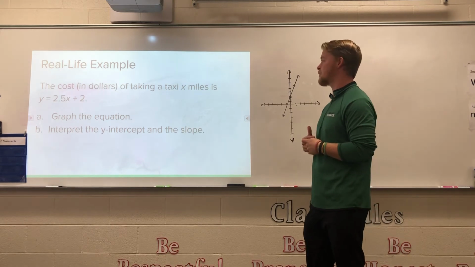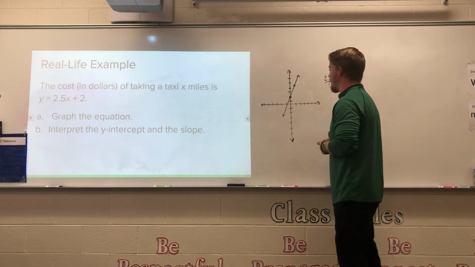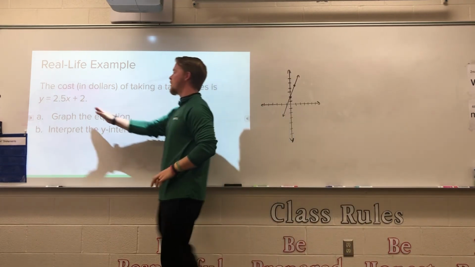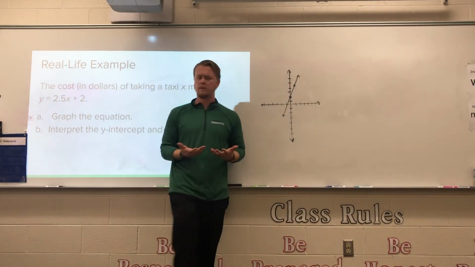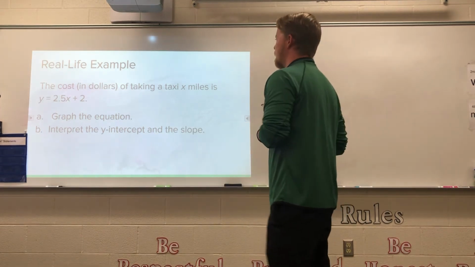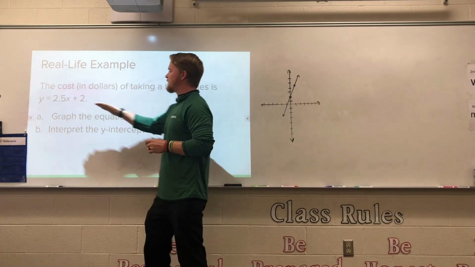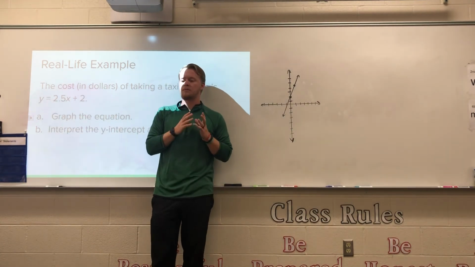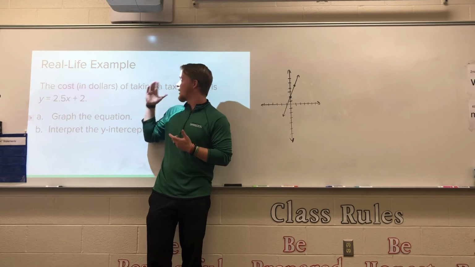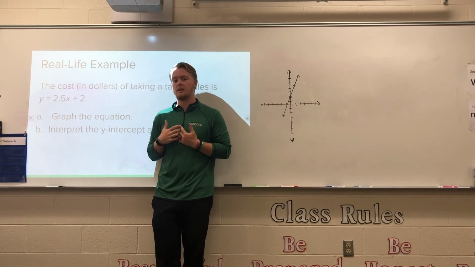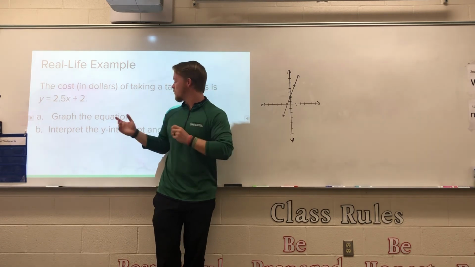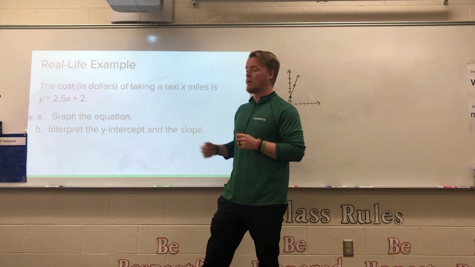So if you're multiplying the miles you're taking by a number, what do you think that would mean? Again, take a second and try to think deeply about what that would mean. But what that means is 2.5 means you're paying $2.50 for every mile you take. Every mile you go, you're paying $2.50. So that would be how you would interpret the slope.